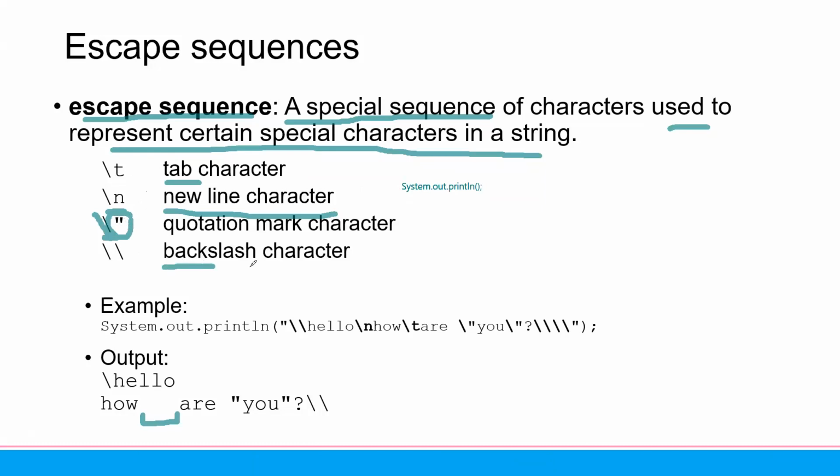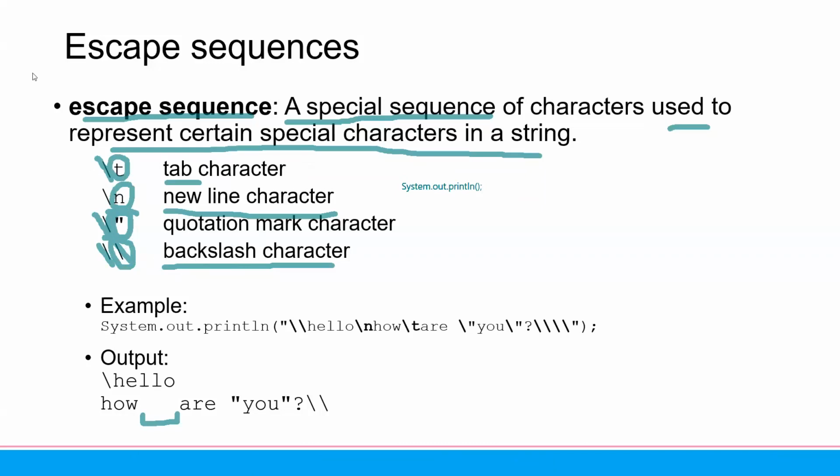And if I want to print the backslash character, a single backslash is one of the symbols in Java, so you need to specify it with the special character, like backslash and double quote, and also another backslash. If you do not have this special character, then it will be an error.